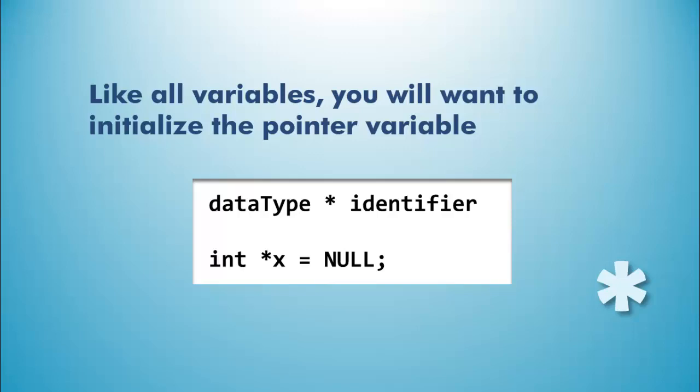Now what this does is, should my program attempt to work with this pointer, it's going to return an address of NULL, and my program should be able to understand that when it has an address of NULL, it's an invalid pointer.